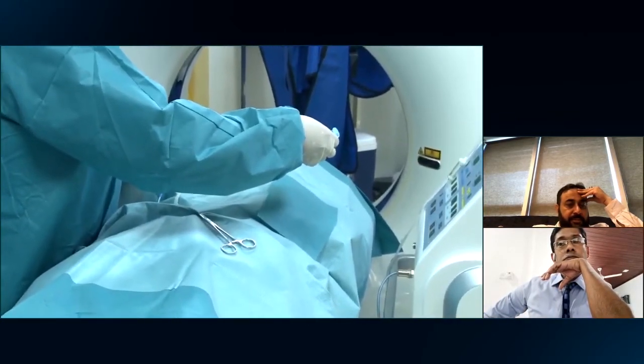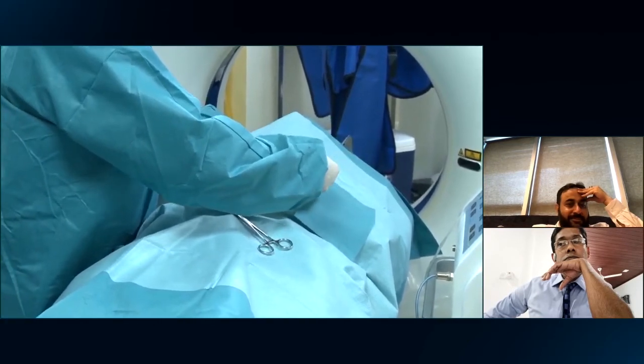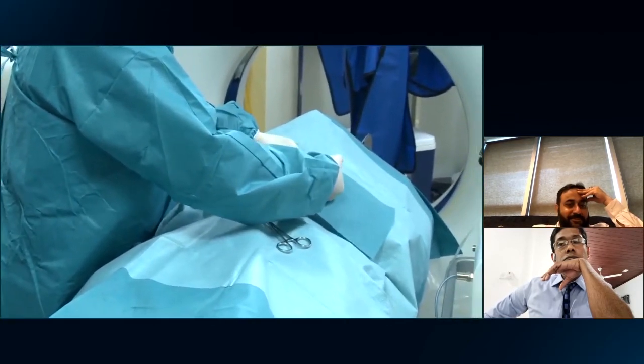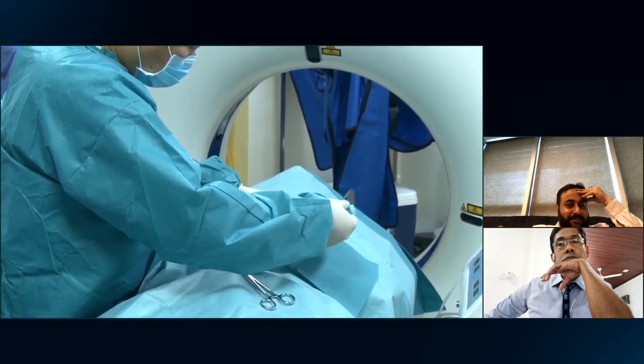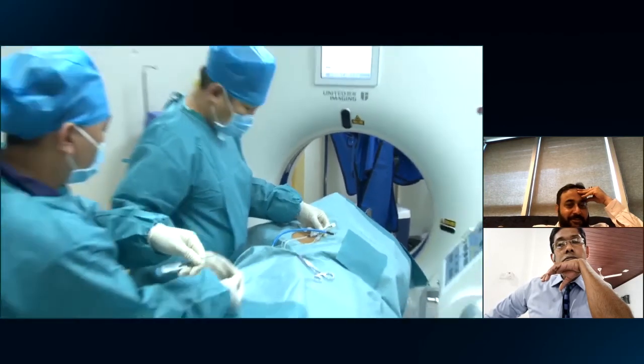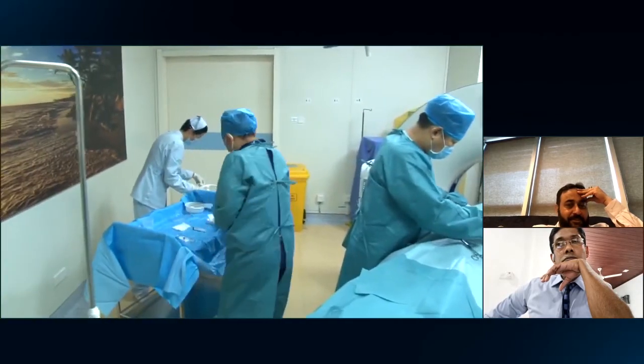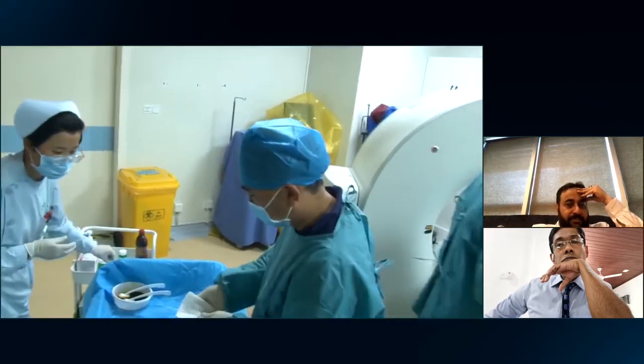Take another one. So you are using a coaxial technique for the biopsy. You have the initial needle inside and you're going through the same passage and taking multiple samples.